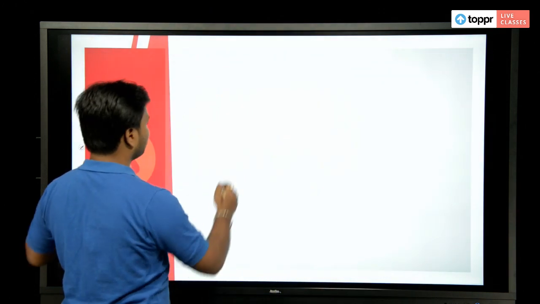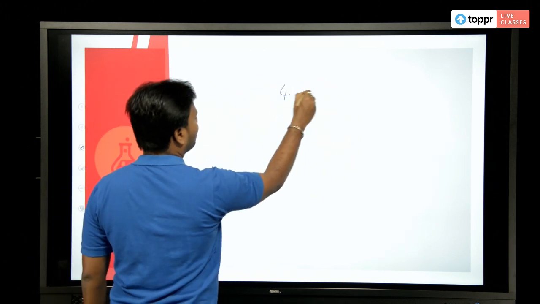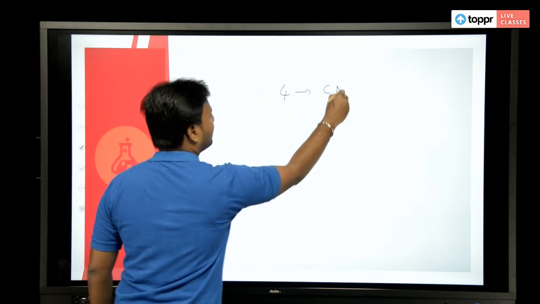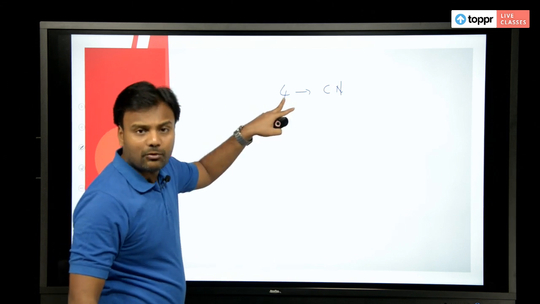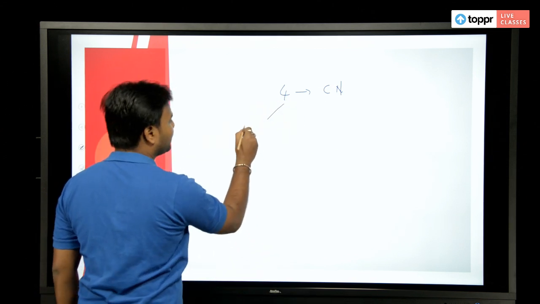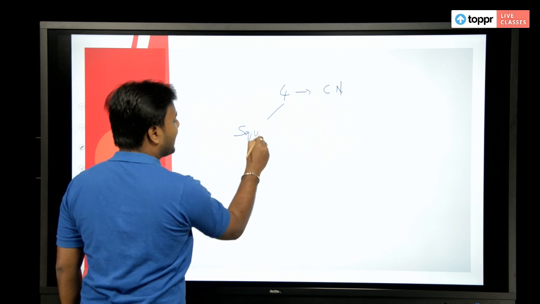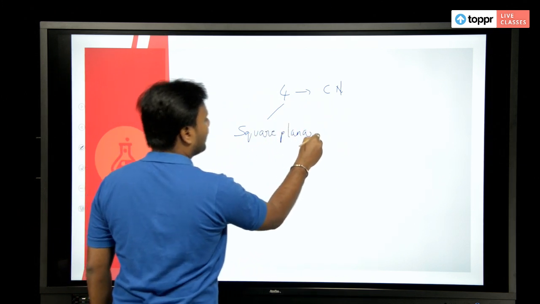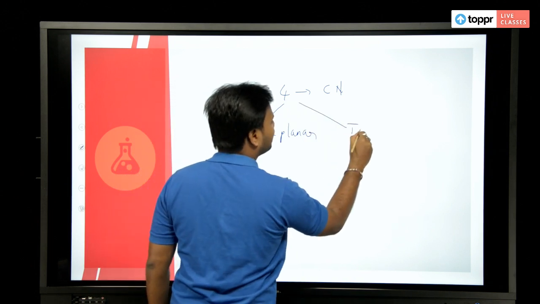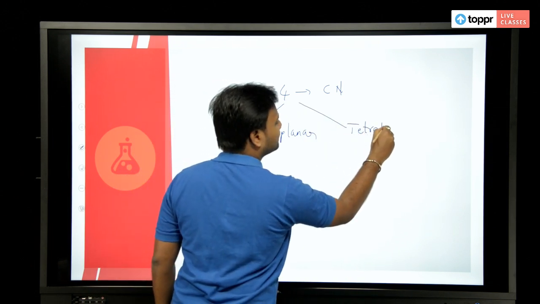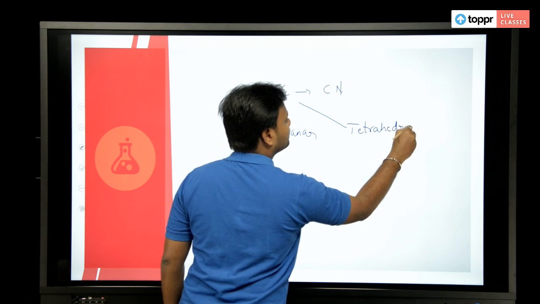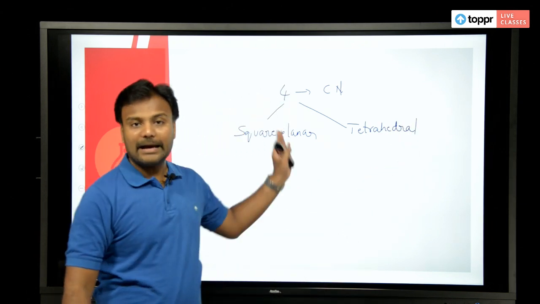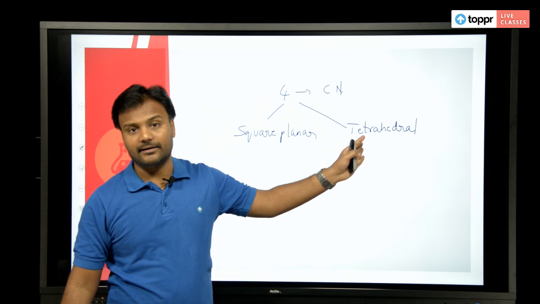One, if the coordination number is 4, then there are two possibilities. It can be square planar and it can be tetrahedral. It can be either square planar or tetrahedral.